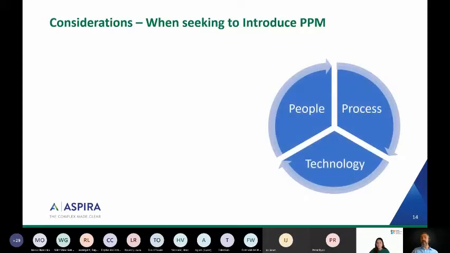There are three key considerations: process, technology, and people. Now, we could drill into each of these in great detail, but today we would like to illustrate some of the tools that could be used to support or enable a PPM process. So we'll just mention these briefly.